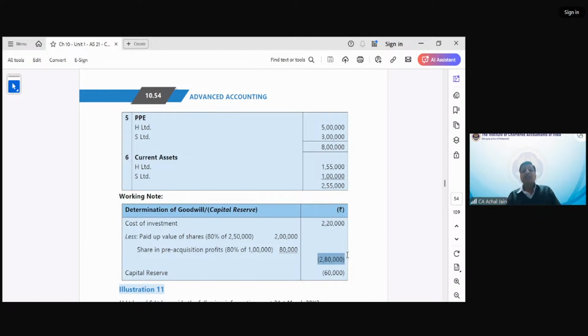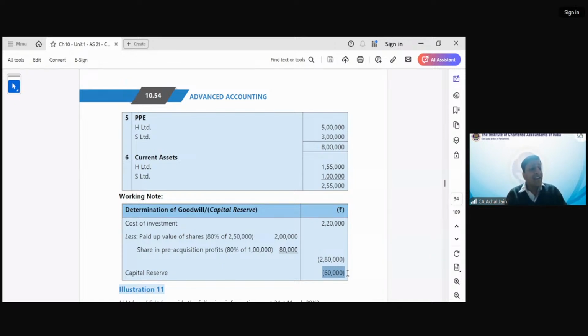So it appears that the purchase consideration is paid in short, not in excess. The moment you have a short payment, what do you get? Capital reserve. So we have a capital reserve of 60,000.